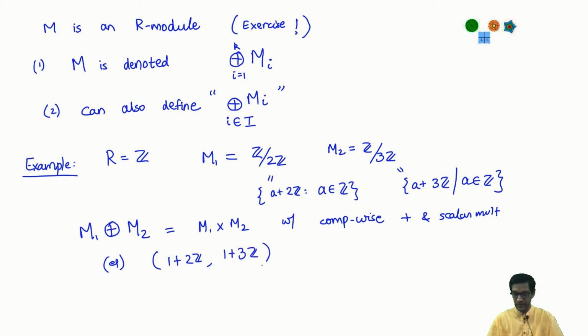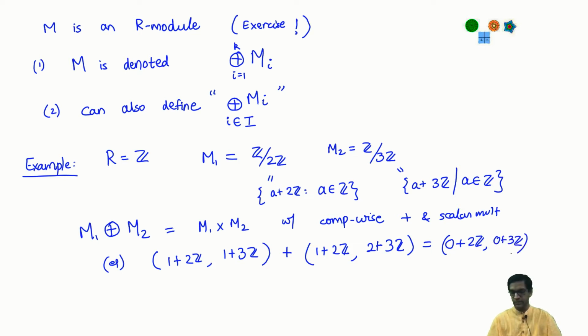How do I perform addition? Let's say I want to add to this 2 plus 2Z, comma 2 plus 3Z. Then I just add each component separately, and the answer is 3 plus 2Z, which is the same as the 1 coset, and 3 plus 3Z, which is the 0 coset. So here's the addition, for example.